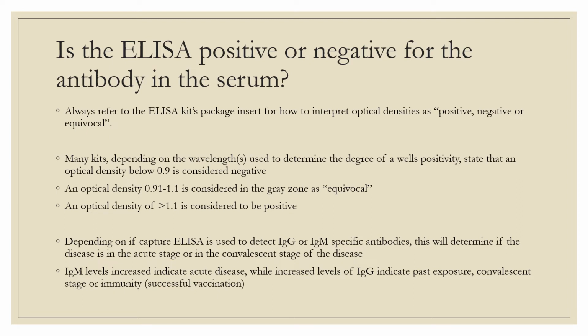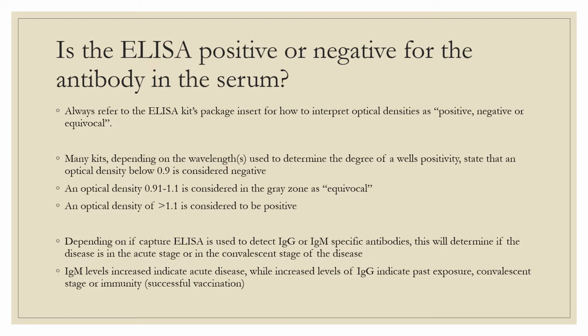An optical density on most kits of 0.91 to 1.1 is considered equivocal, and an optical density of greater than 1.1 is considered to be positive. Depending on if capture ELISA is used to detect IgG or IgM specific antibodies, that's going to determine whether or not the disease is in the acute stage or the convalescent stage of the disease.